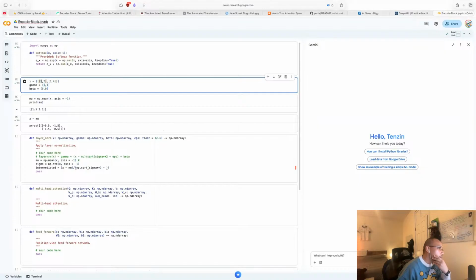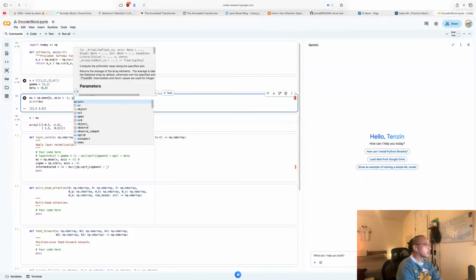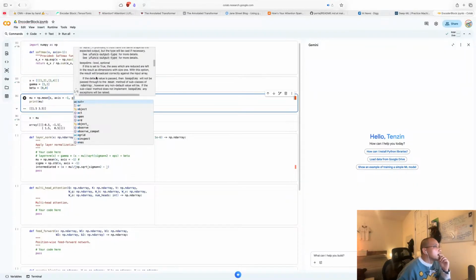So it's currently subtracting 2 minus 3.5. So we need the shape to be different.